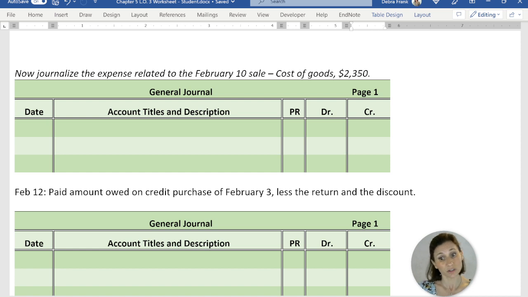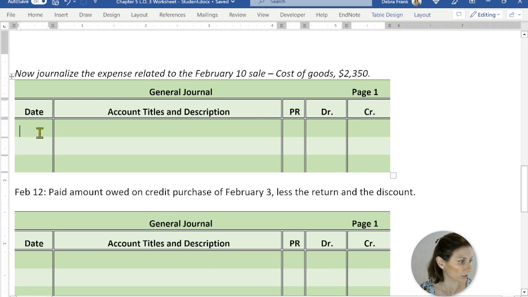And I said it was an expense. We know under debits and credits, expenses are a debit balance, so cost of goods sold will be a debit balance as well. And they told us the amount. They wrote cost of goods is $2,350. So that was nice of them to give us the amount. We don't have to calculate it yet. That is February 10th as well.